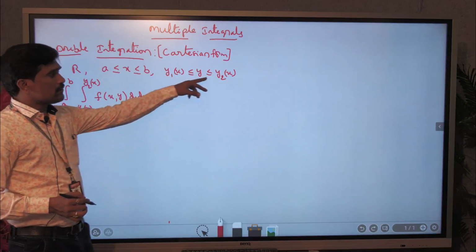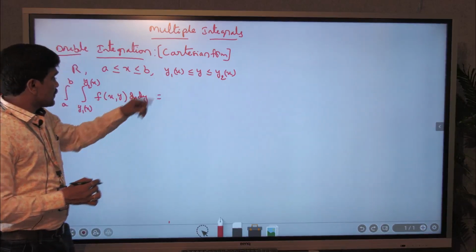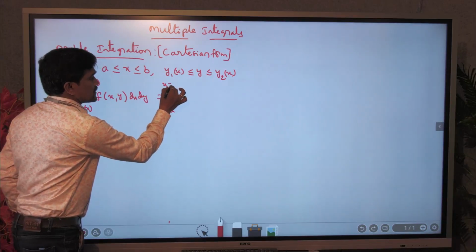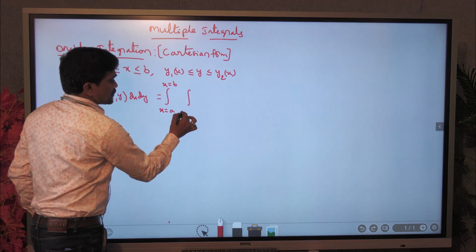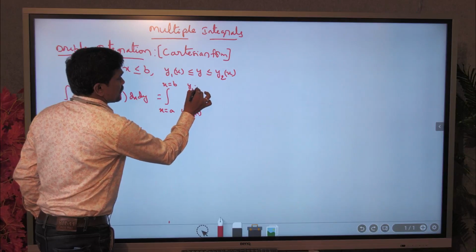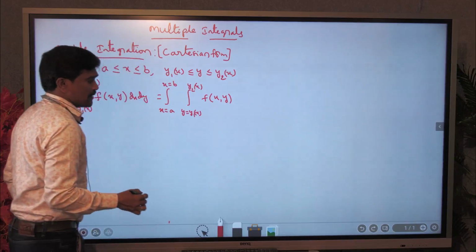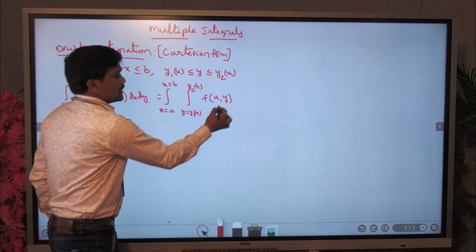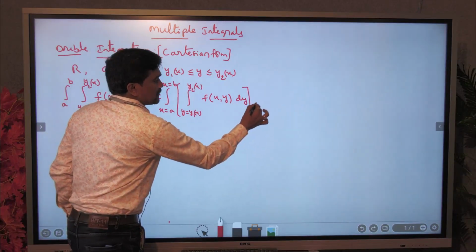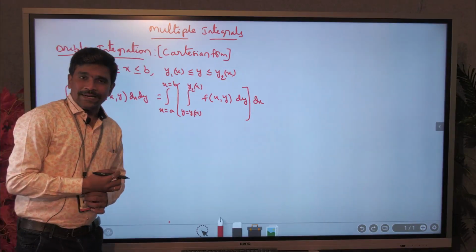Since y1 and y2 are functions of x, first write the x limits, x equals a to x equals b, and y equals y1 of x to y equals y2 of x. Then we integrate with respect to y first, then with respect to x. So this is the process for finding the double integral.